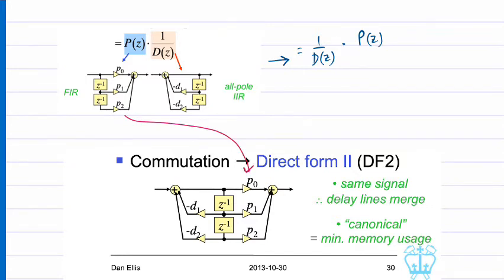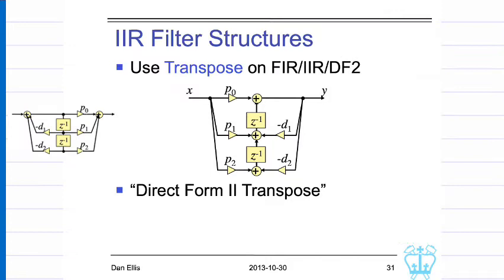Pictorially you can see the FIR part has come later and the minus D1, D2 part has come before. We have now seen DF1 and DF2. If we take the transpose of DF2, what does it become? On the left-hand side you see the DF2 structure, and on the right-hand side I've just taken the transpose. What is transpose?